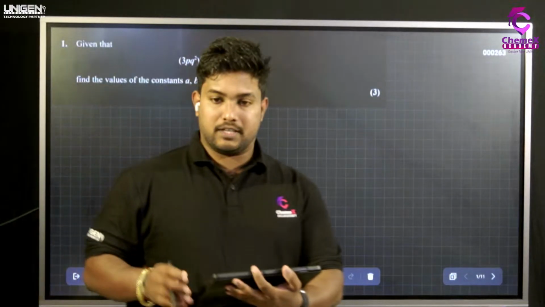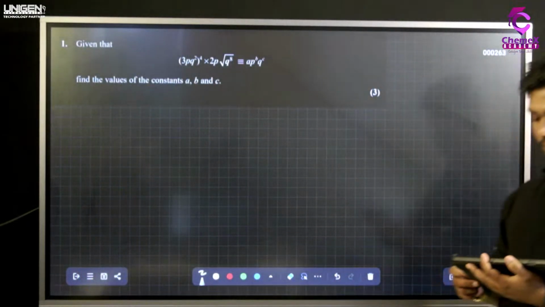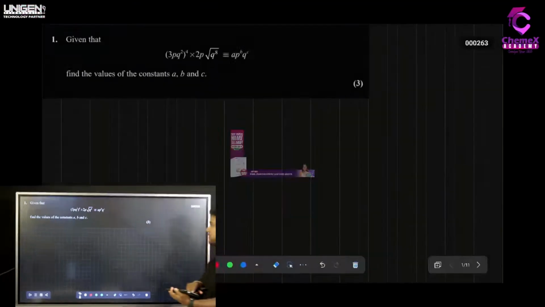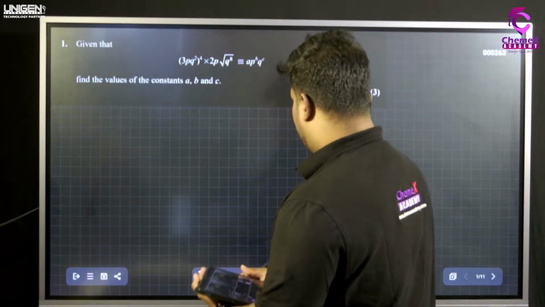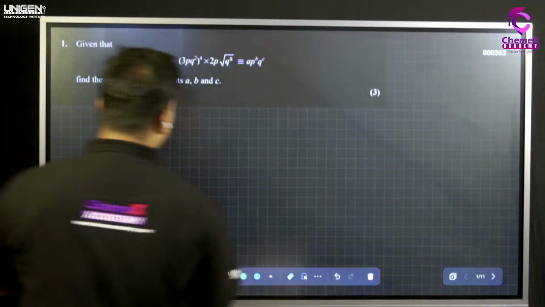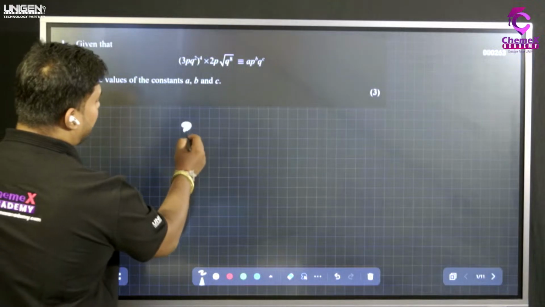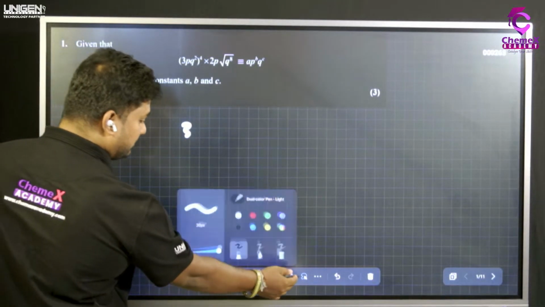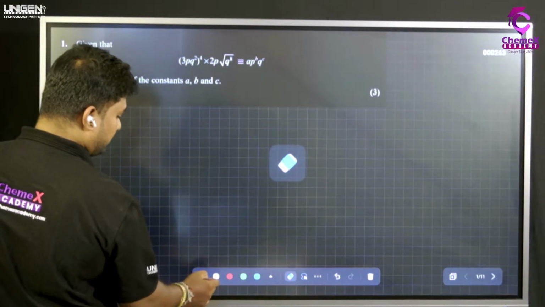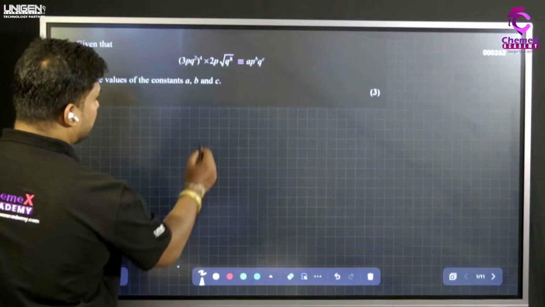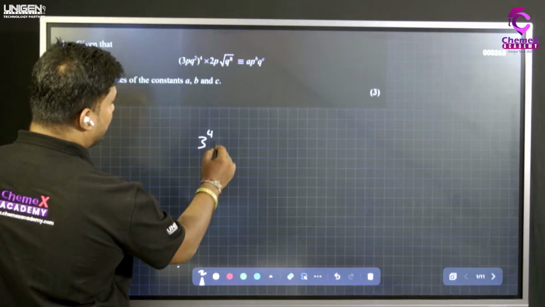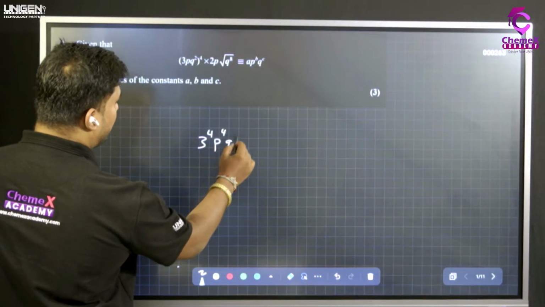Okay, so in the 2022 October P1 paper, let's go with the first question. How do you solve it? p to the power 4, q to the power 8.